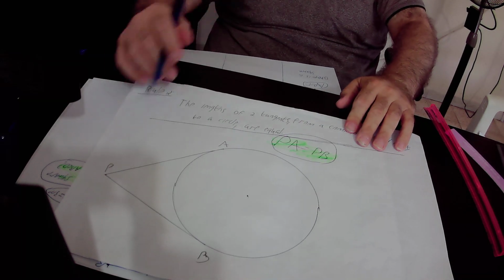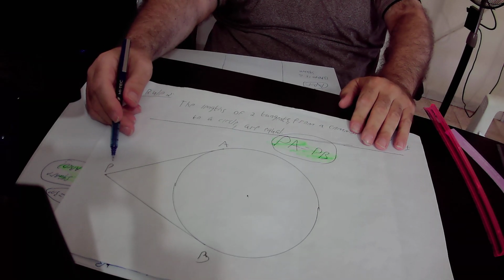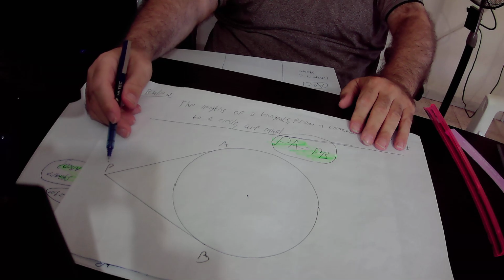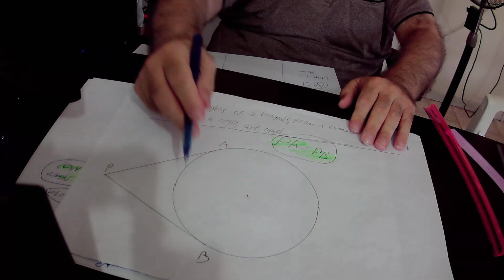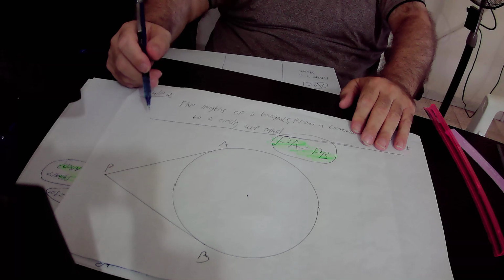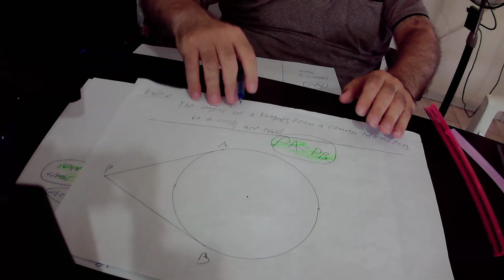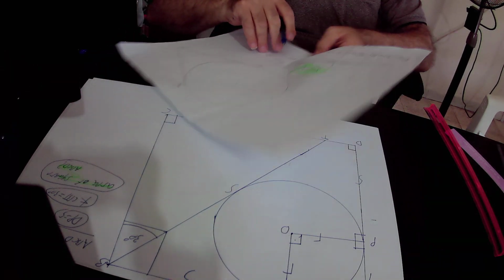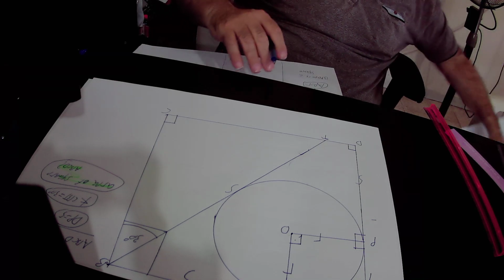We have the common extreme point, point P. From point P, we have two tangents to the circle, tangent PA and tangent PB. And according to rule number 2, PA equals PB.